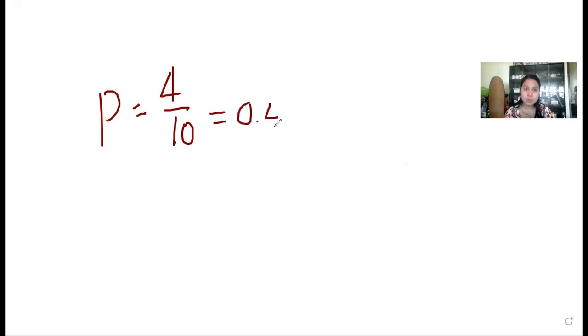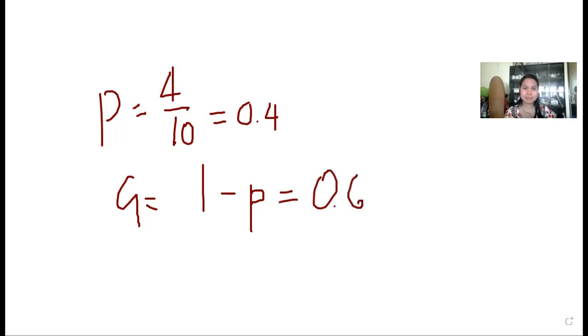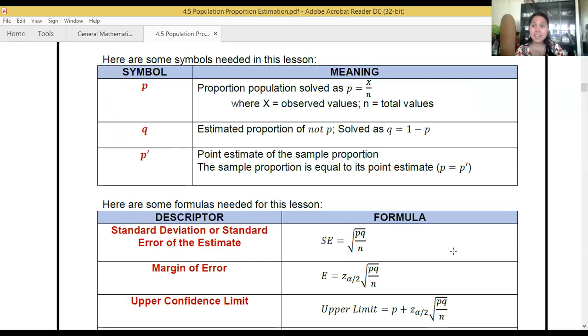So our Q is 1 minus P, or 1 minus 0.4. The answer is 0.6.